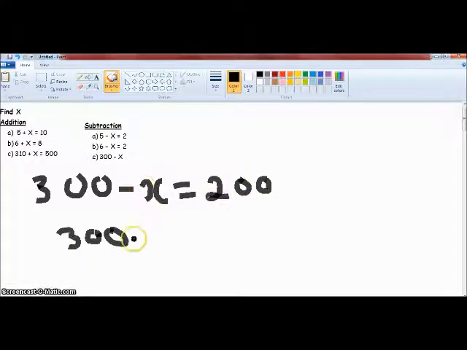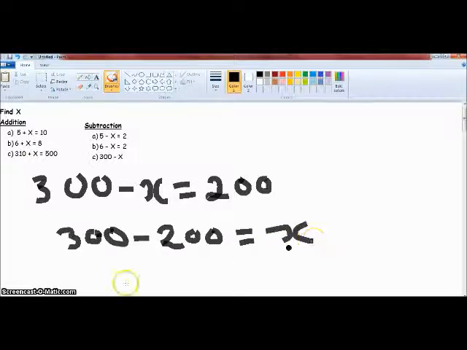When it crosses the equal sign, it will become minus 200 equals, the x is negative here. When it goes over the equal sign, it will become positive. Now, what is 300 minus 200? So on a rough paper or somewhere in the corner of the paper you are using, you can do the subtraction.